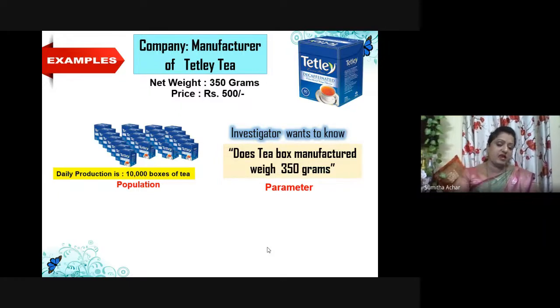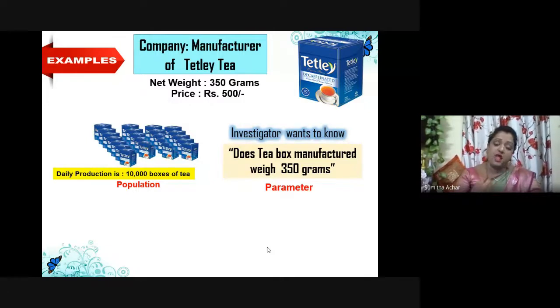If you see after coming home that the content in the box is say 200 grams, as a customer, what will you do? Will you say that it's okay, who will go back? Will you do that? What will you do? You will just take the box back to the shopkeeper and demand a replacement. Yes or no? This is a common tendency of a customer.